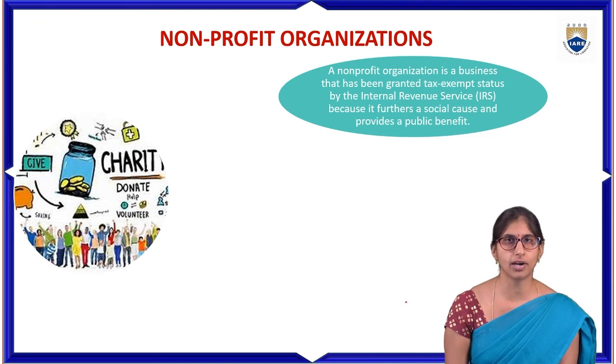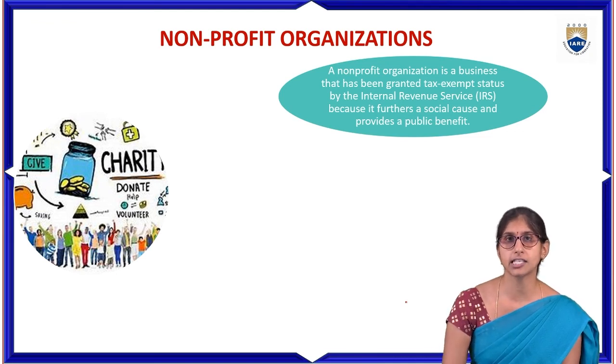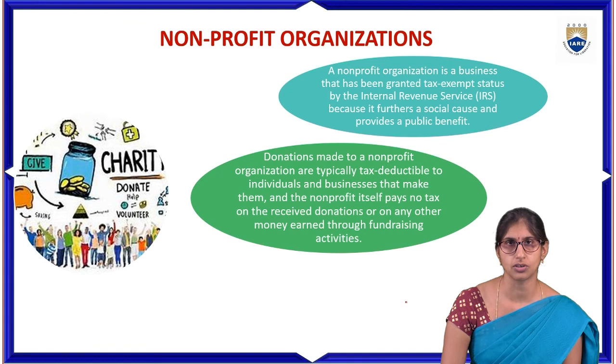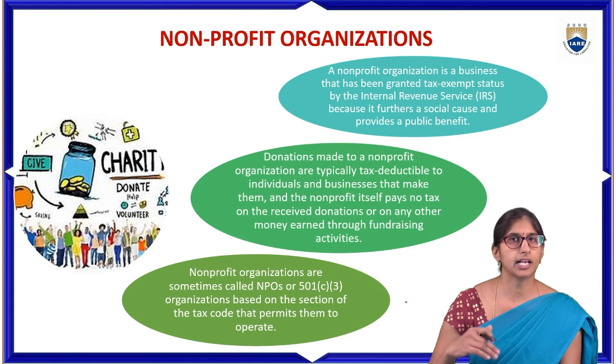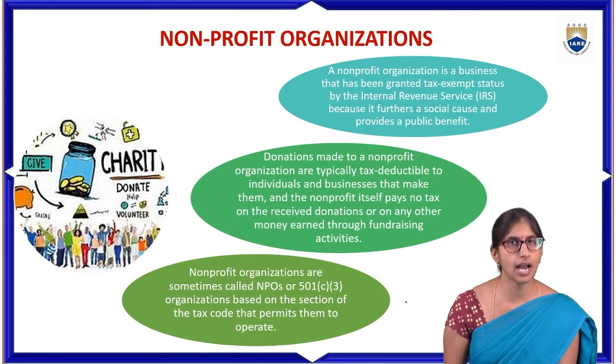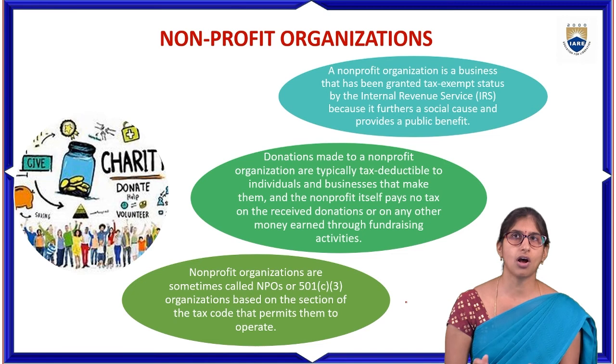And this type of organization has tax benefits and tax exemption. Okay, so whatever charities they receive and spend for that particular charity organization are not charged any type of taxation. Okay, so all the donations made to non-profit organizations are tax free.